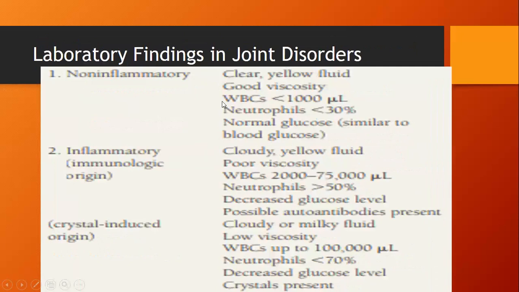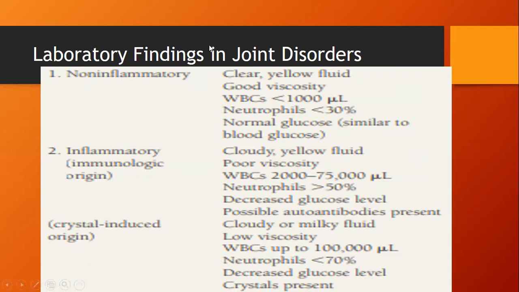Now, these are the laboratory synovial fluid parameters you expect for each category. Non-inflammatory means that there's no immune response involved in the disease process caused by conditions such as degenerative joint disorders.